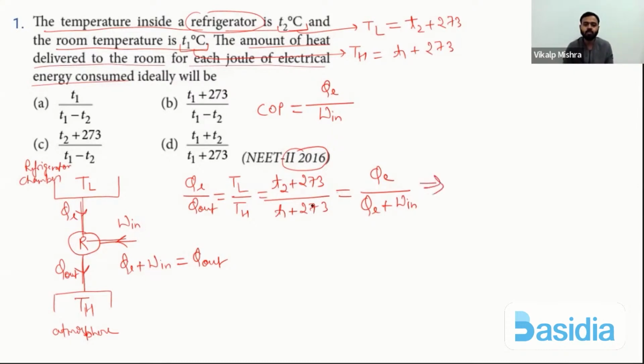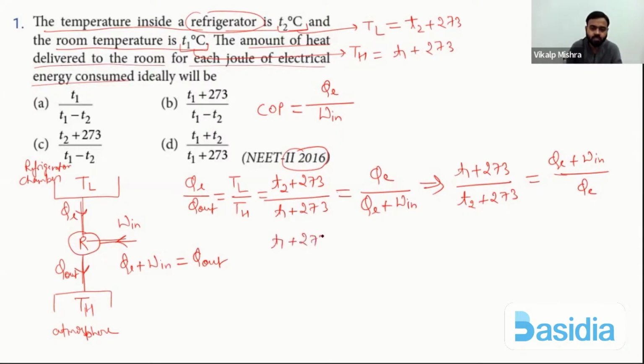After reciprocating, it will become T1 plus 273 divided by T2 plus 273, and it will become QE plus W in divided by QE. Now divide it: QE divided by QE becomes 1, and here it becomes W in by QE. So we can write T1 plus 273 divided by T2 plus 273 is equal to 1 plus W in by QE.